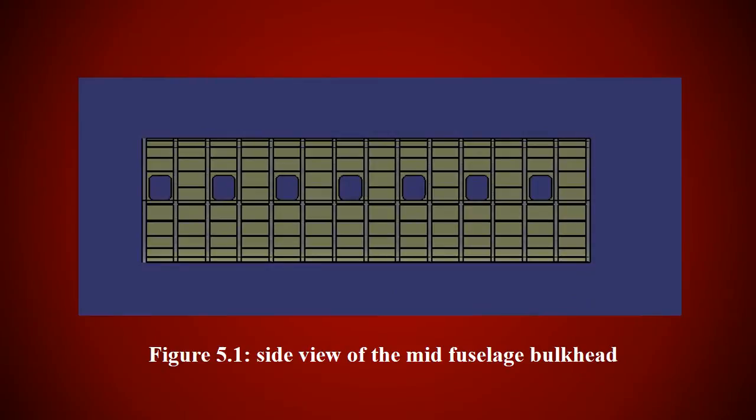Here you can see the side view of the mid-fuselage bulkhead. There is a side view, a top view and a front view. From the side view you can see how many windows there are, and how many longerons and stringers are in the bulkhead.